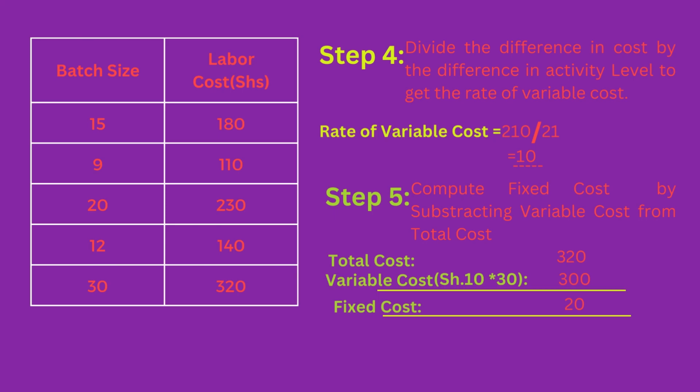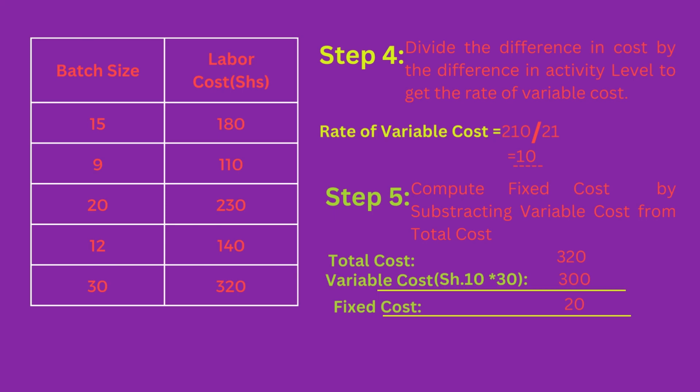We go to the next step, which is step 5. We compute fixed cost by subtracting variable cost from total cost. Automatically, we know that total cost is equal to variable cost plus fixed cost. So to get fixed cost, we take total cost minus the variable cost. Total cost is 320.